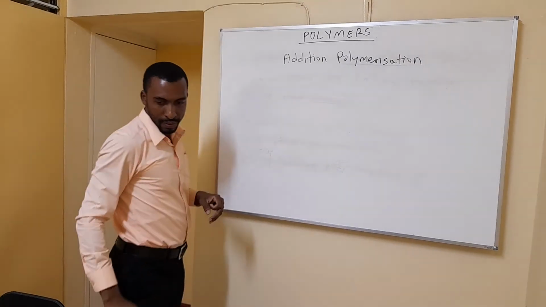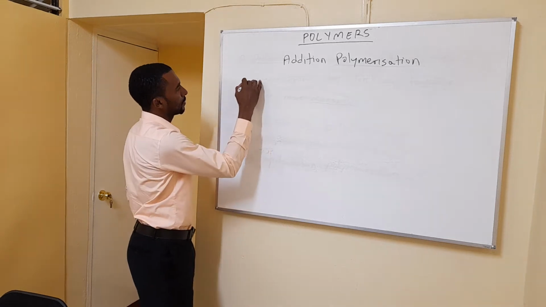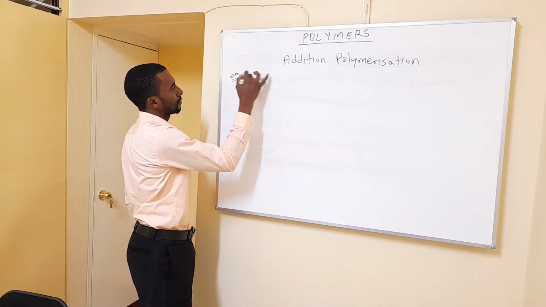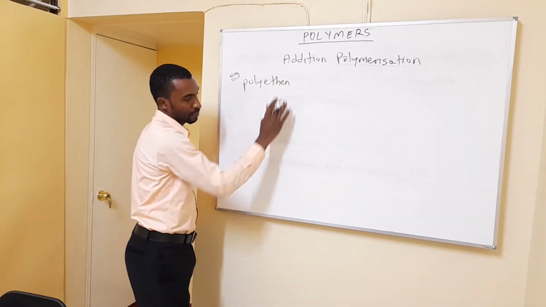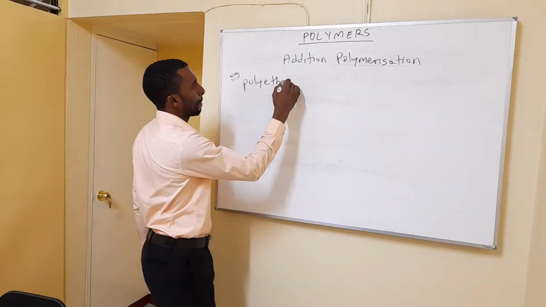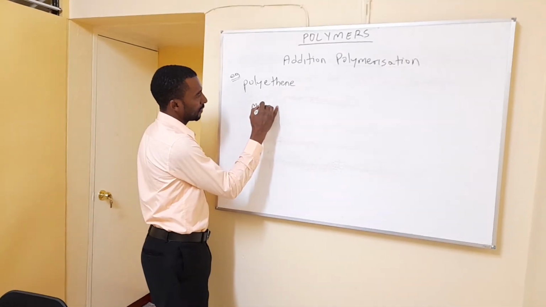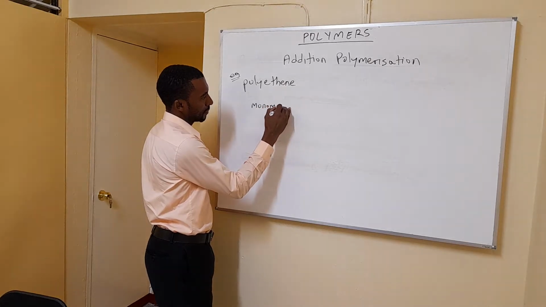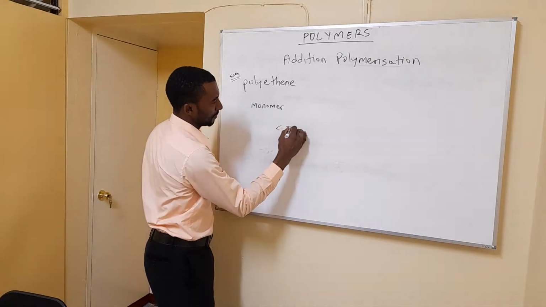So an example is polyethylene. The monomer for this is basically ethene.